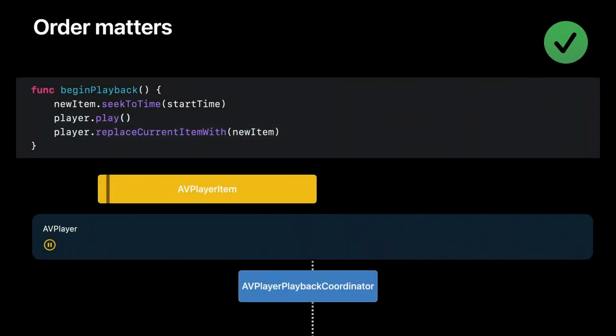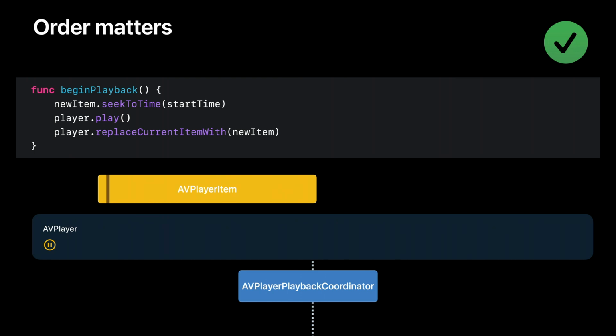After all this, here's my first call to action. Be careful about the order of your item changes and transport control commands. Let's say we have a function begin playback that enqueues an item and automatically starts playing. This code would be called whenever the user has selected something to play, or when our group session informs us of a new activity.